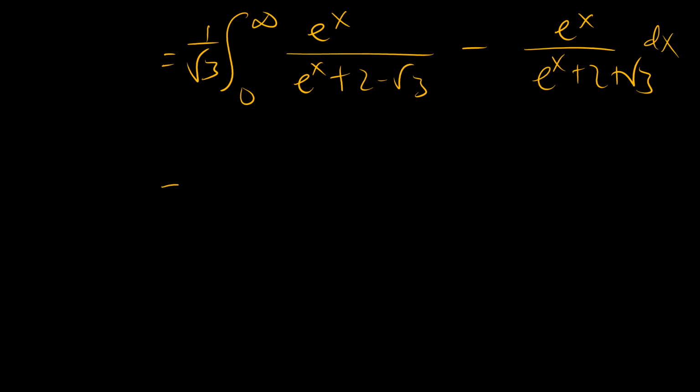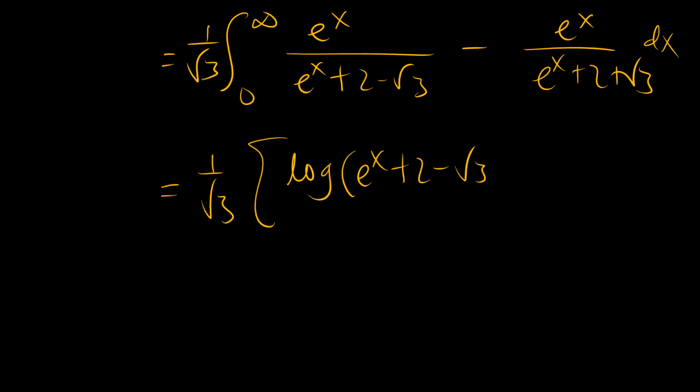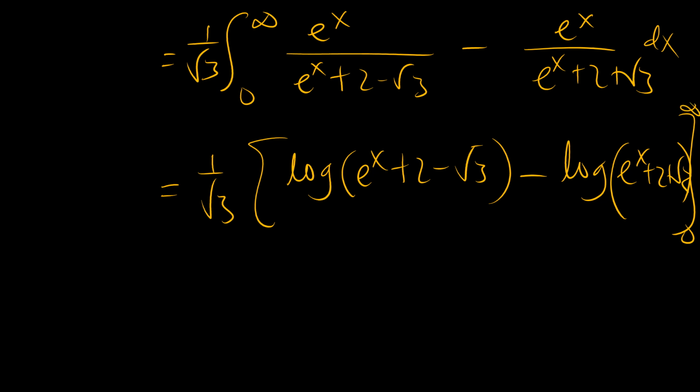Okay, so this becomes, as you can see, natural log of e to the x plus 2 minus root 3 minus natural log of e to the x plus 2 plus root 3, 0 to infinity. Okay.